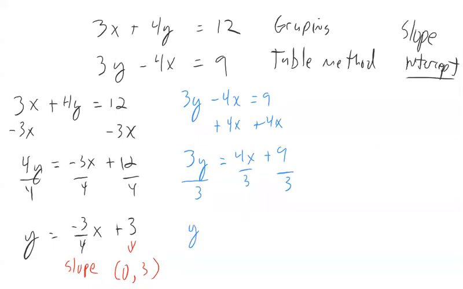And y equals 4/3 x plus 3. So you can see, again, our intercept is 0, 3. And my slope is 4/3. Now, I don't even actually have to graph this to see the answer. They have the same intercept, so that is the answer. But I'm going to do it just so we can see it.